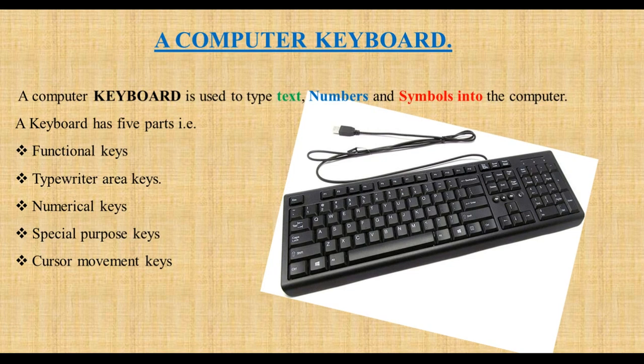Those are our functional keys. We also have the typewriter area keys. That is the section where we find our letters, the ones with the A, B, C, D, depending on the word you're typing. So that is the section that deals with typing words. The section is called typewriter area keys.